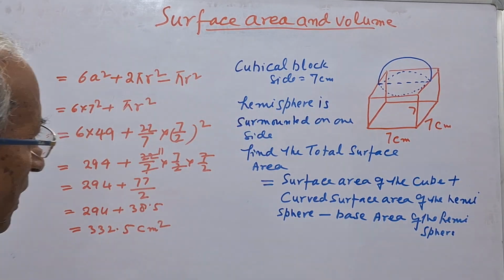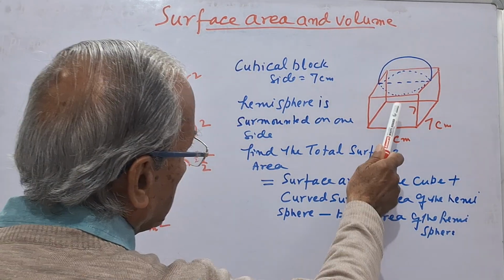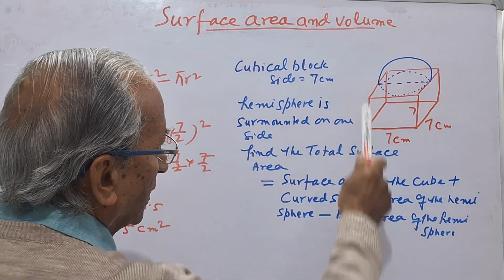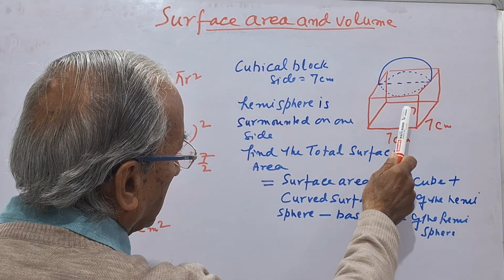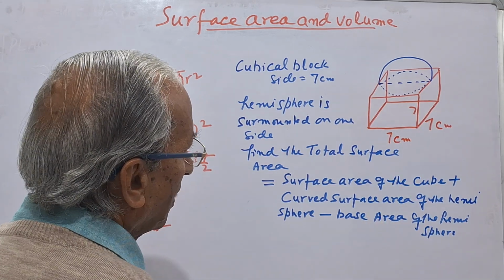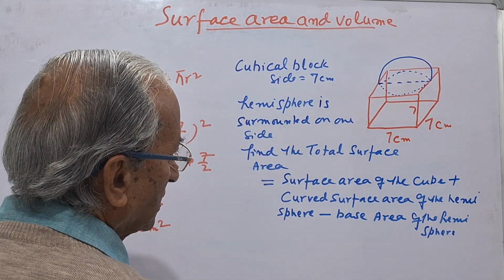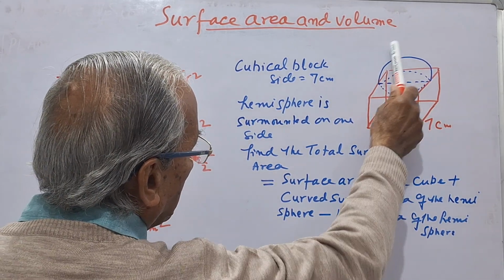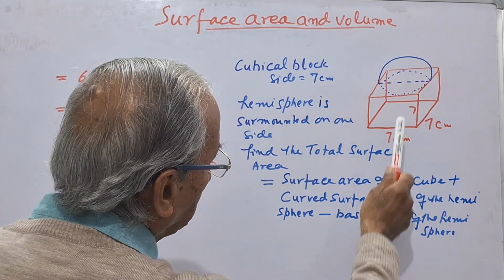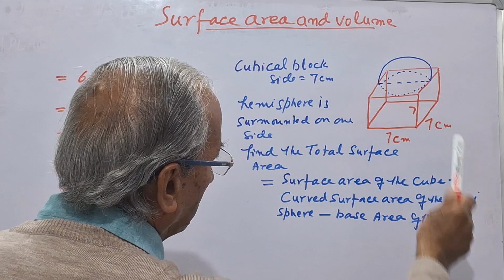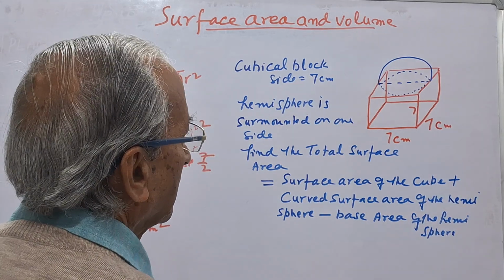So we will say that the total surface area of the block with hemisphere will be the surface area of the cube plus curved surface area of the hemisphere, and the base of the hemisphere is to be subtracted.